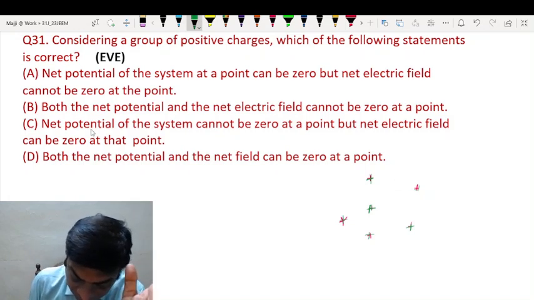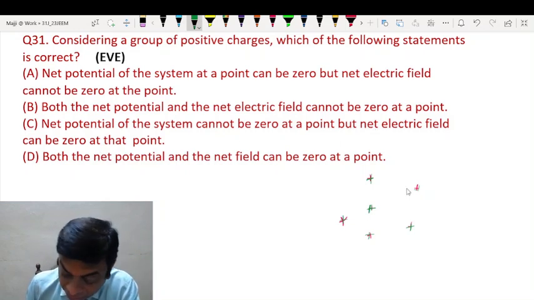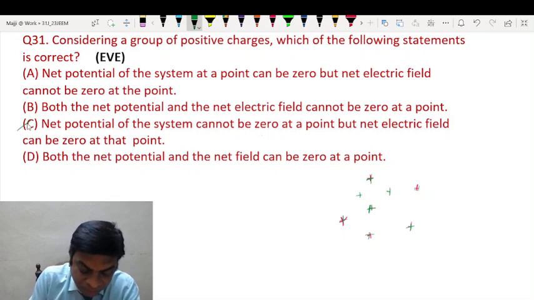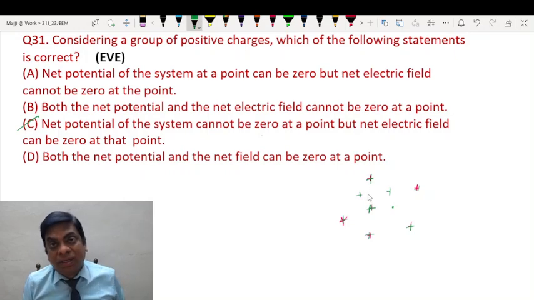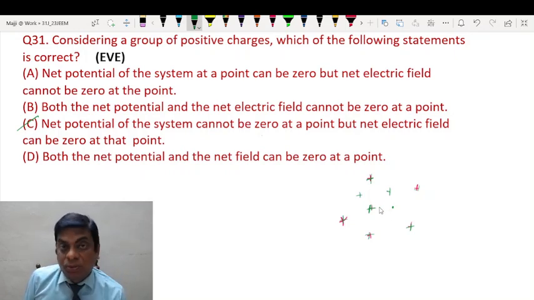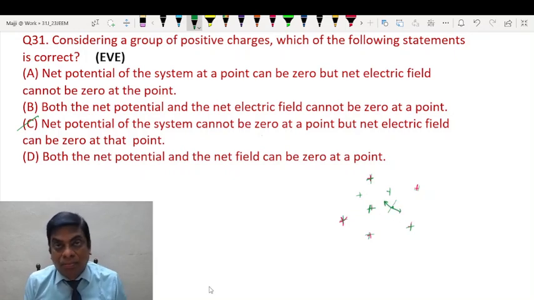So net potential cannot be zero at any point. Of course, we are not considering infinity here. So your net potential of the system cannot be zero at any point, but electric field can be zero, of course, students, because the electric field is a vector quantity, and it is possible to choose a point where electric field intensity gets cancelled because of the charges on either side of the point.